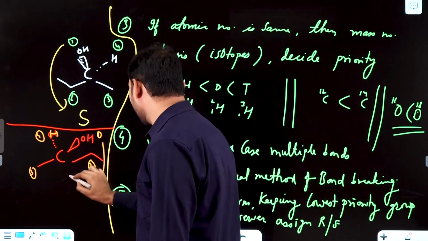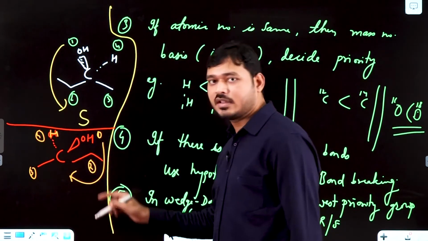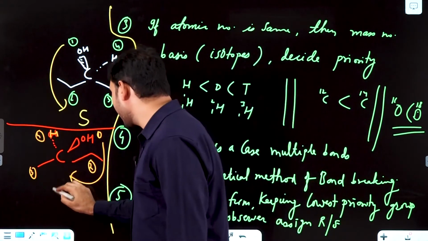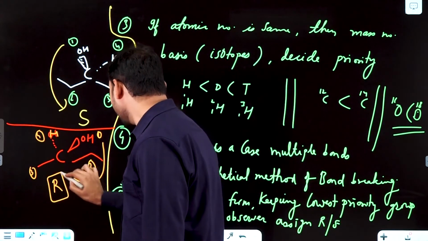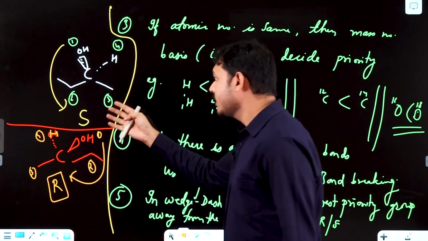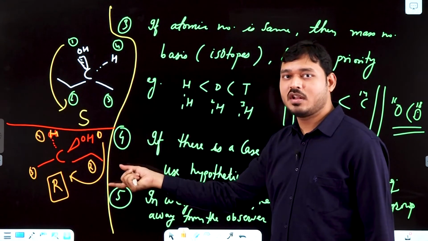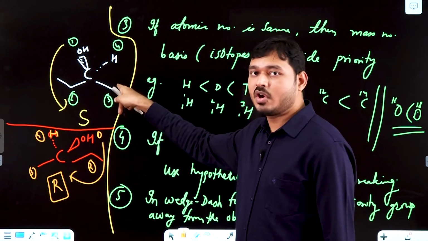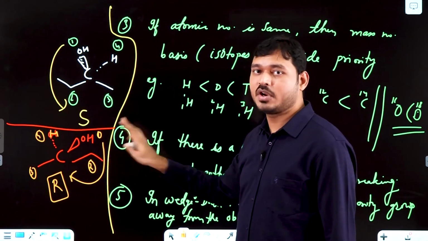So this is your right side rotation, clockwise. For right side rotation, it will be R configuration. Okay, so see, these two compounds are 2-butanol, but here I can say it is S-2-butanol and it is R-2-butanol.